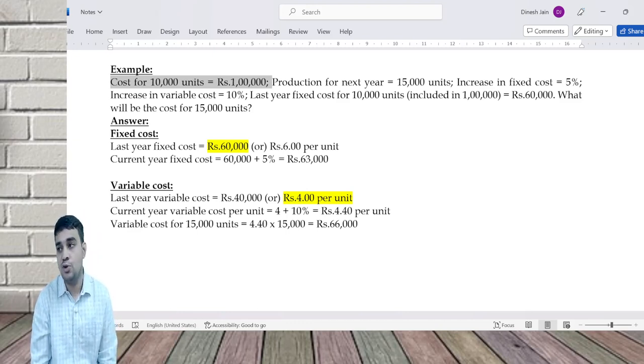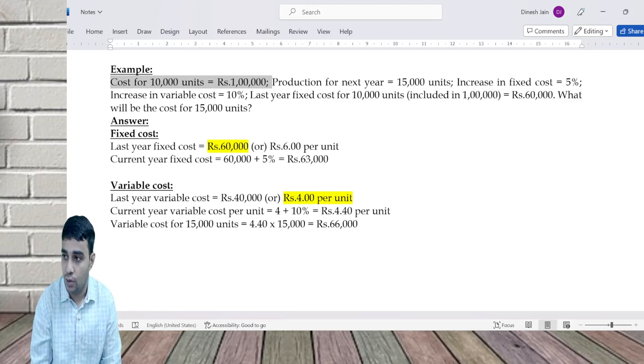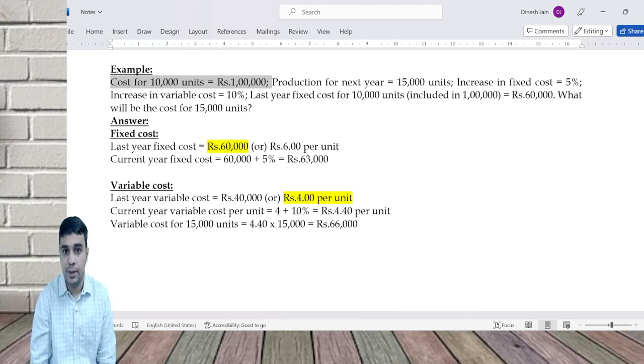So if there is no increase mentioned in the question, total fixed cost will remain constant, and variable cost per unit will remain constant. But just because we have increased the volume, total variable cost will increase. Clear? Any doubts in this?